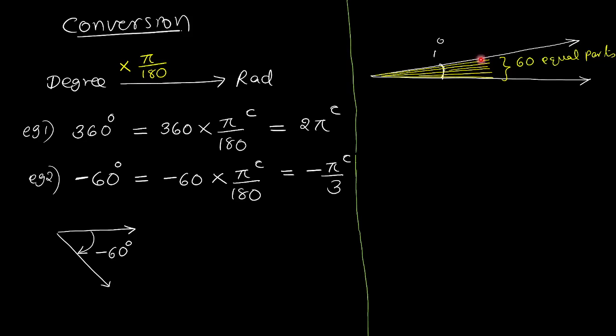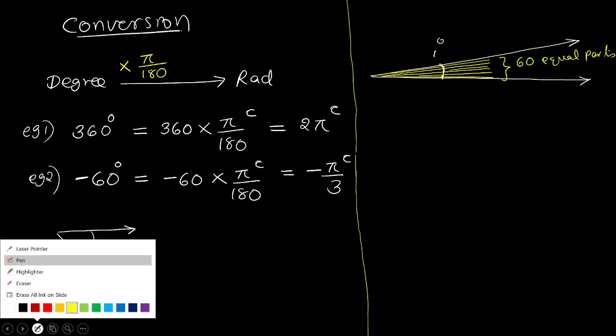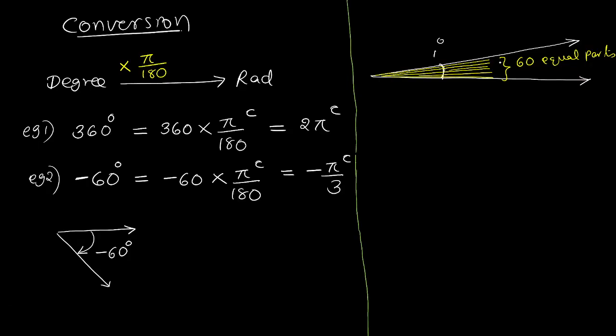Each of the smaller parts, can you see an extremely small angle? Each of the smaller parts is said to be a minute. Let me write it in words: each small part is said to be a minute.